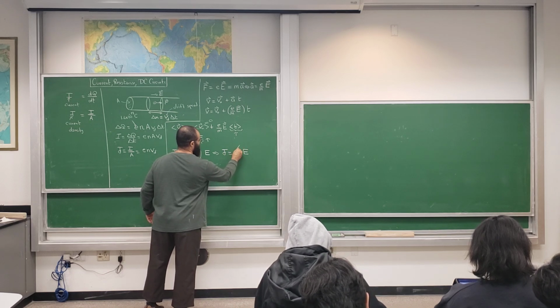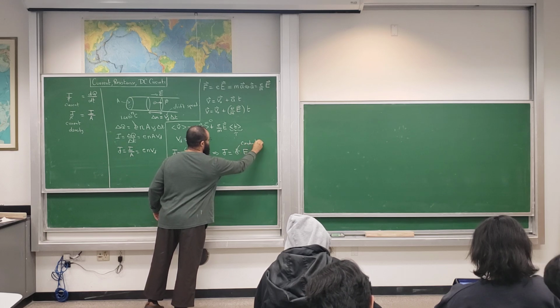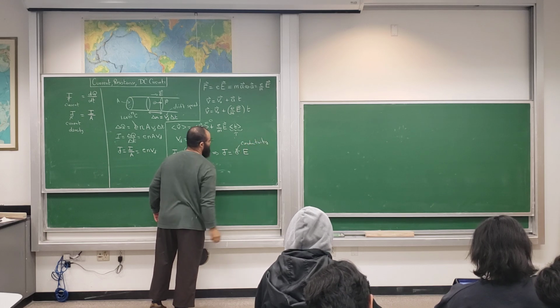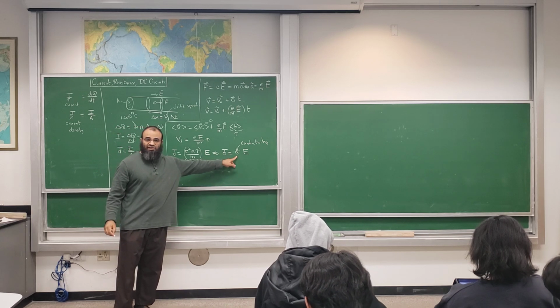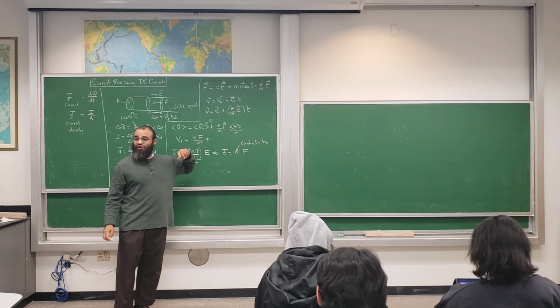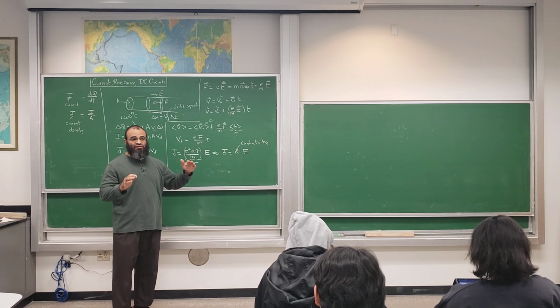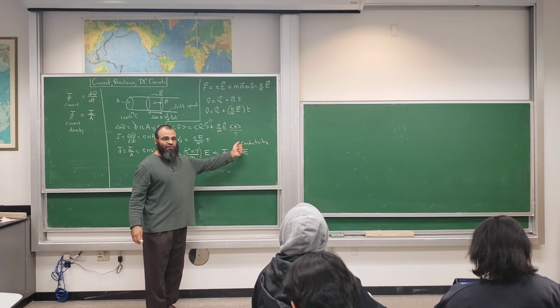This is called the conductivity of the material. So yes, we used the symbol sigma before, but this sigma doesn't mean what that other sigma meant. That other one was the charge density, right? Surface charge density. This one is the conductivity.